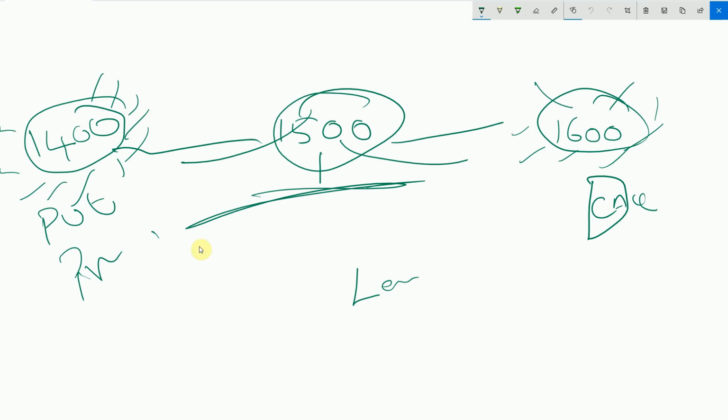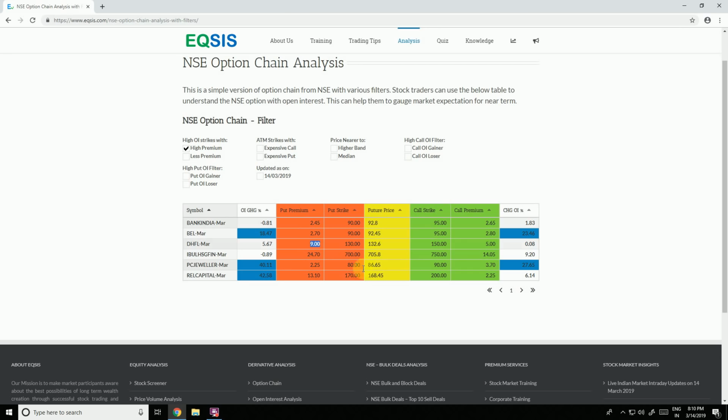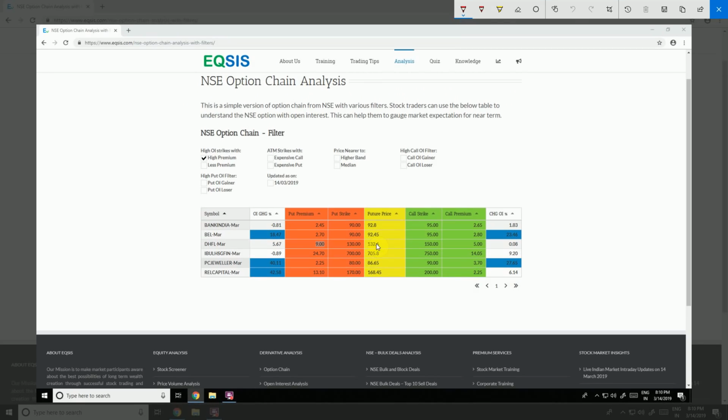If I take a DHFL example, let me talk about DHFL. I hope you must be aware of the prices. Let me snap it here. Look at this one. Now the price is close to what? 132. But let me sell the 130 put option and let me sell the 150 call option.